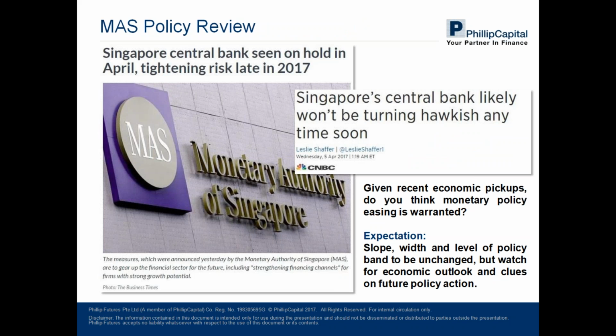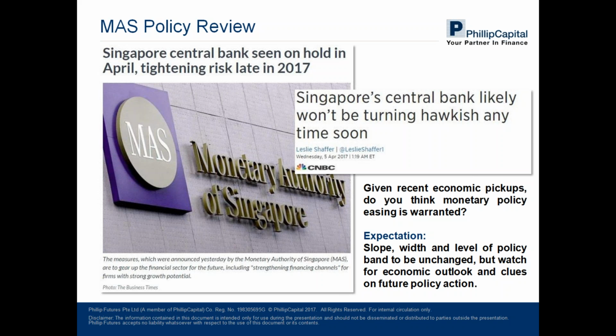While the GDP figure might be quite important to look at, I think another thing that is as important, if not more important, will be the MAS monetary policy review, slated for release tomorrow. There's a lot of expectation that the MAS will come forward tomorrow and release its monetary policy statement.